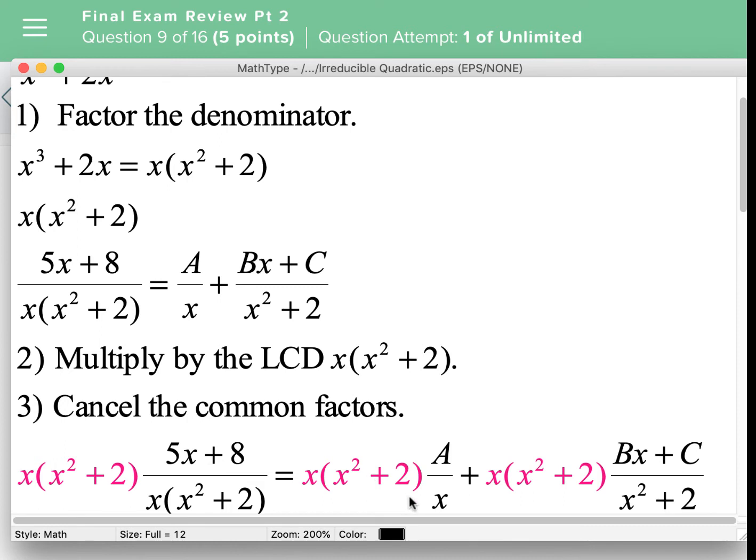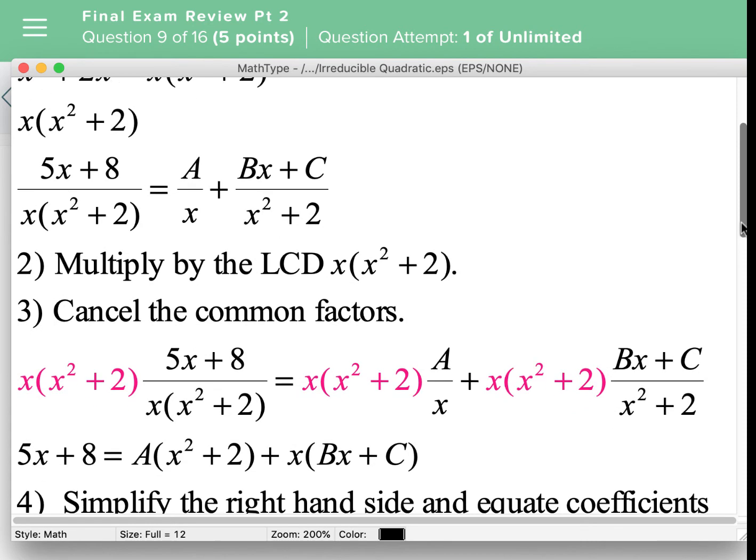And the denominator on the right, for the first term, the x will cancel with the x, just leaving me with a times the quantity x squared plus 2. And then the second factor, the quadratic one that's irreducible, will cancel, leaving me with x times the quantity bx plus c. It's very important that because we have a numerator of bx plus c, when we multiply by that x, we use parentheses.